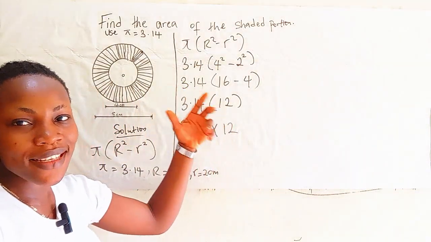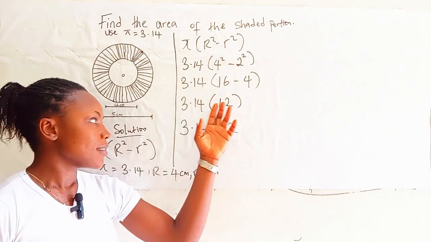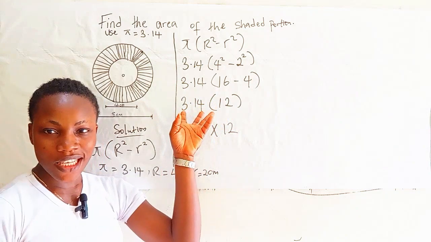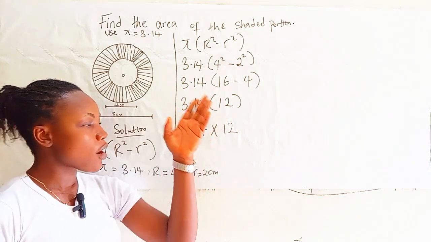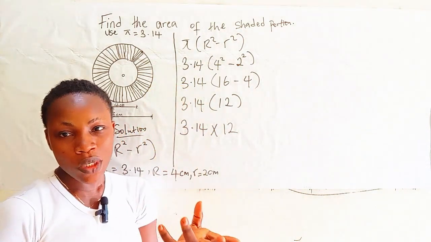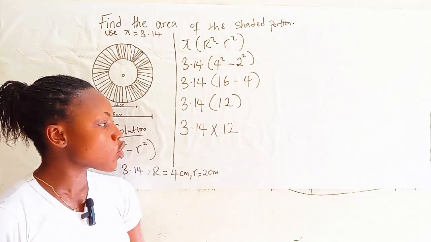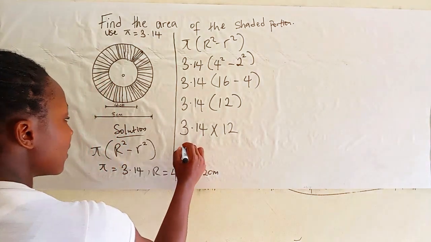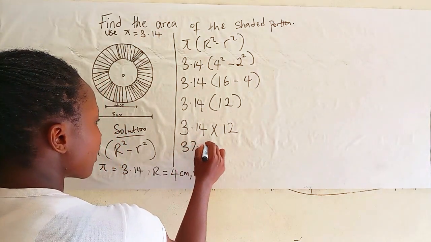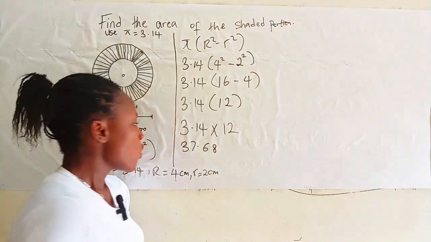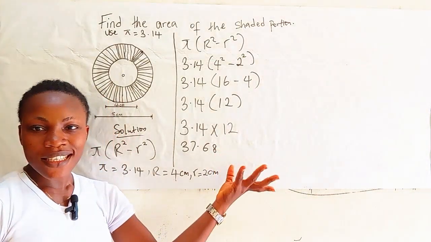We are multiplying everything inside here with what we have outside here, okay? So that means we are multiplying 3.14 by 12, all right? So multiplying two of them together, we are going to have 37.68, all right? We are having 37.68.